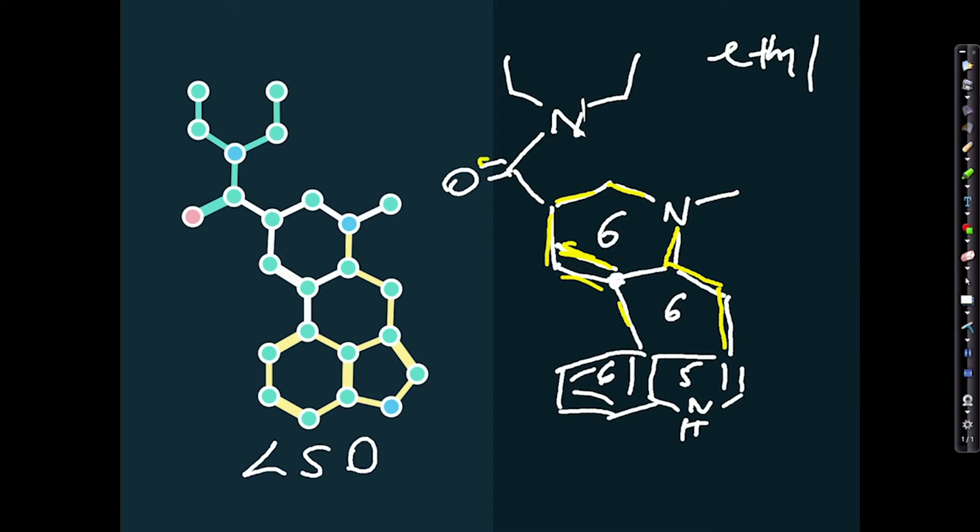You've got this double bond oxygen, with a bit of a negative charge on the oxygen, and perhaps a little bit of positive charge on the nitrogen. The ethyl groups here can interact with the receptor. There are lots of potential ways for the LSD molecule to interact with the receptor, just by looking at it.